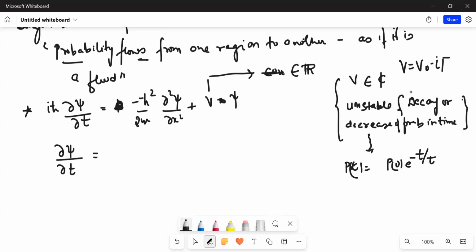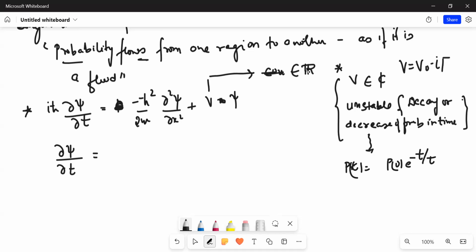Because yesterday we did this particular case, so I'm excluding these cases. We are considering when the potential function is a real function. Is that clear now? Yes. Should I go ahead now?